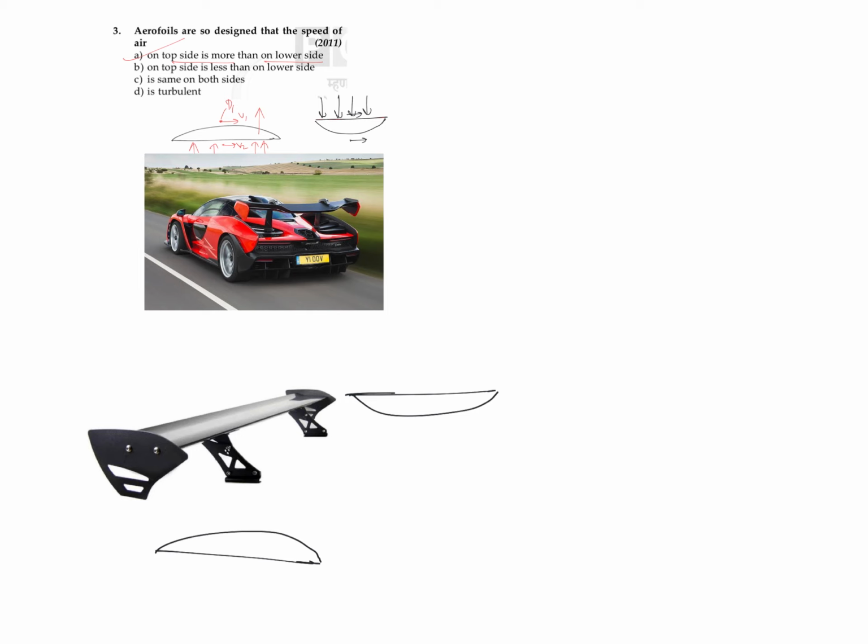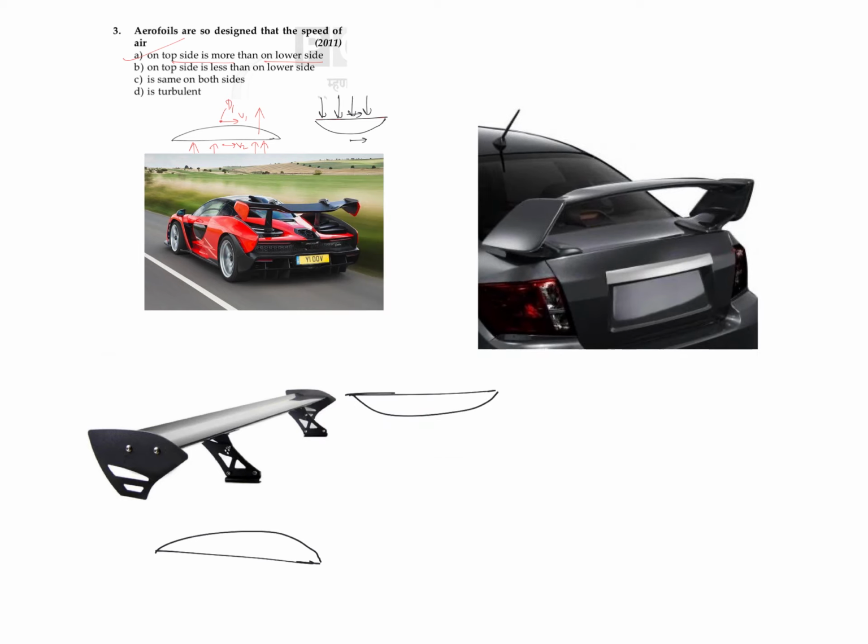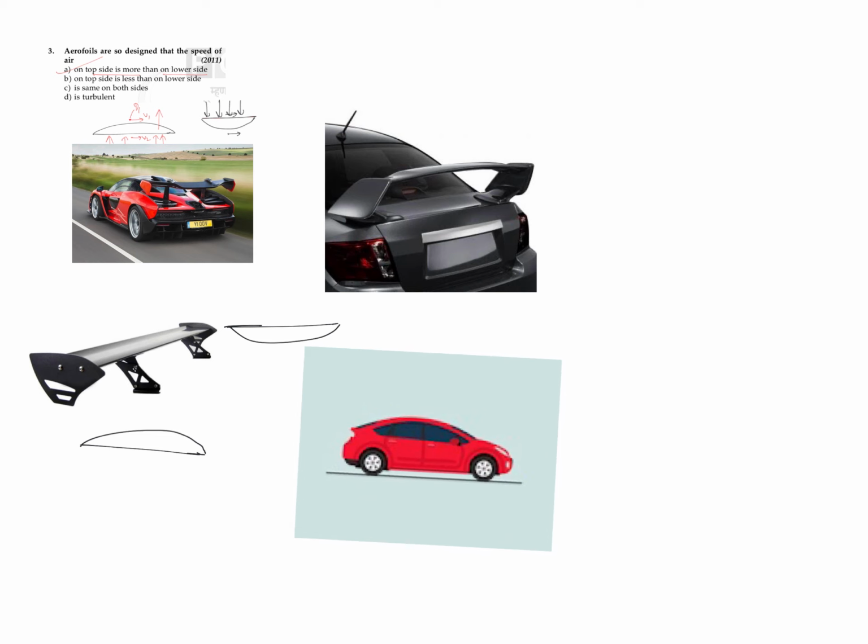Now the concept here is that as the speed of the car increases, because of the difference in velocity on the upper side and lower side of the car, the car may also experience some uplift. If you are considering a car something like this, and you increase the flow velocity, some amount of air is moving through the upper part and some through the lower part.